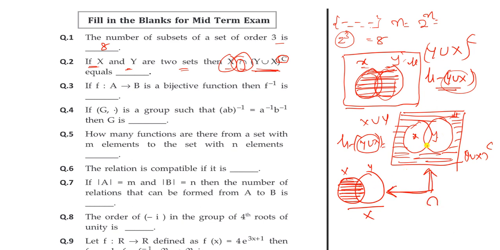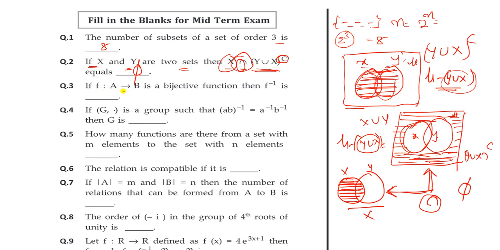By seeing these two diagrams, you can find any common area. Here the lines are in the x, but there the lines are in the mu area, so it is not there. Intersection means common elements, so there are no common elements. So what is the answer? Pi. So here the answer is pi.